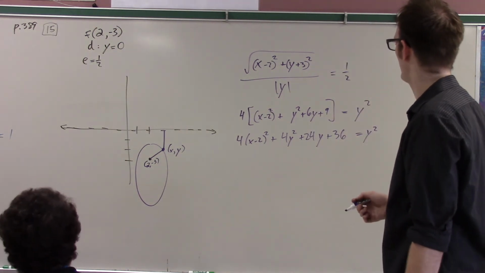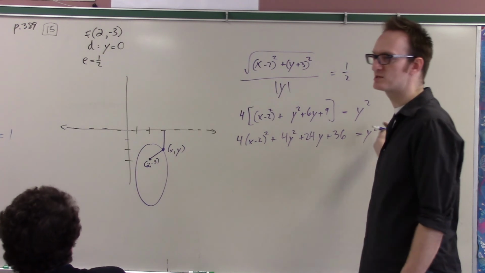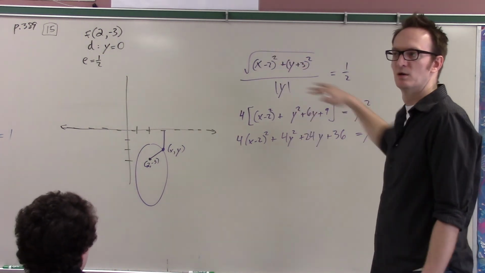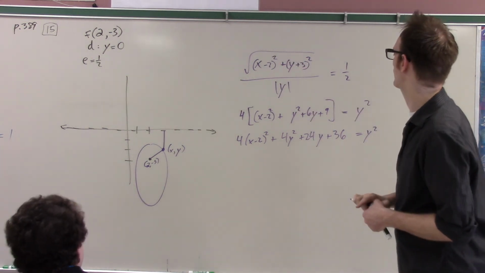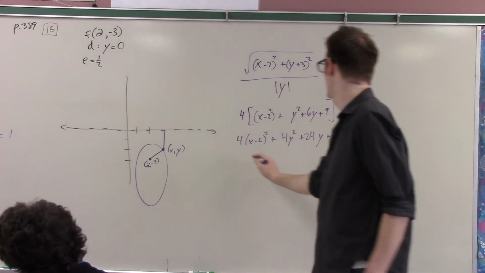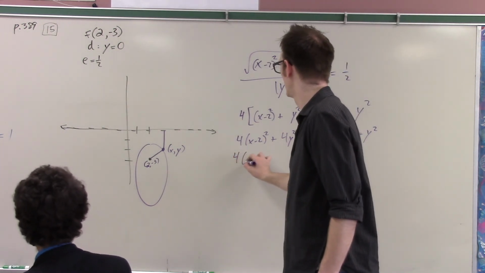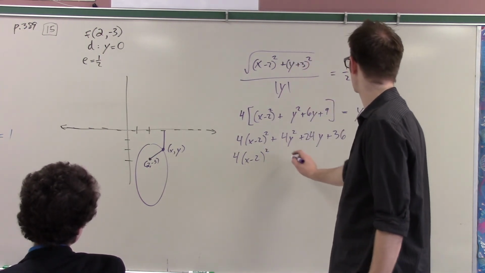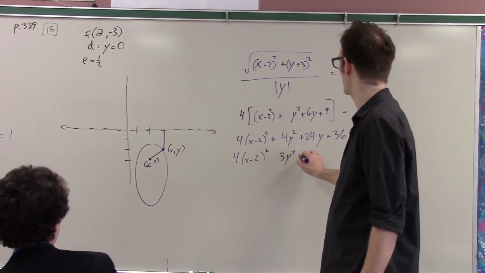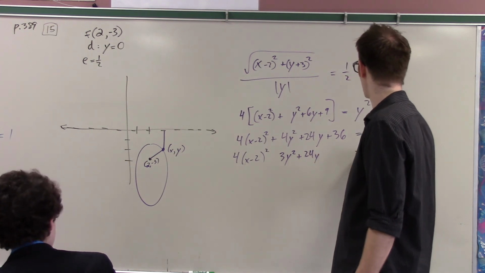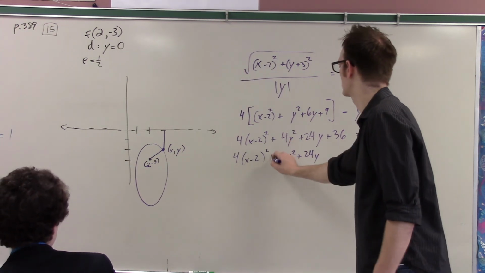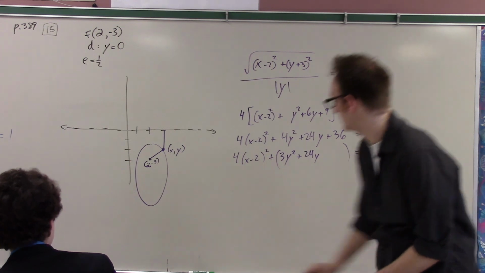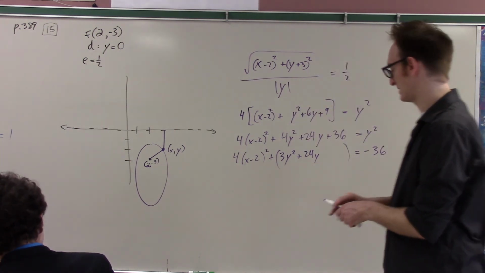And now, if you're the book, I think they just multiplied everything out and gave it to you as a lame thing, right? Yeah, but we should be cool and actually do it. But I think also the book picks problems that don't work out nicely necessarily. But anyway, let's just do it. We get 3y squared plus 24y. I guess this works out okay. It's negative 36 plus, and now I guess I need to do more math.